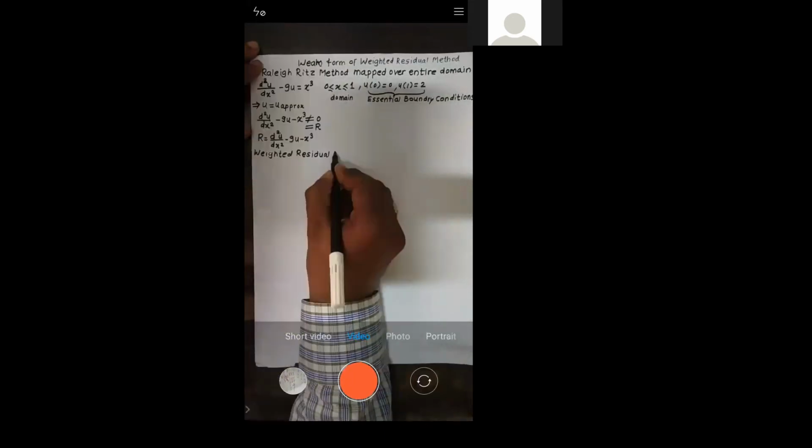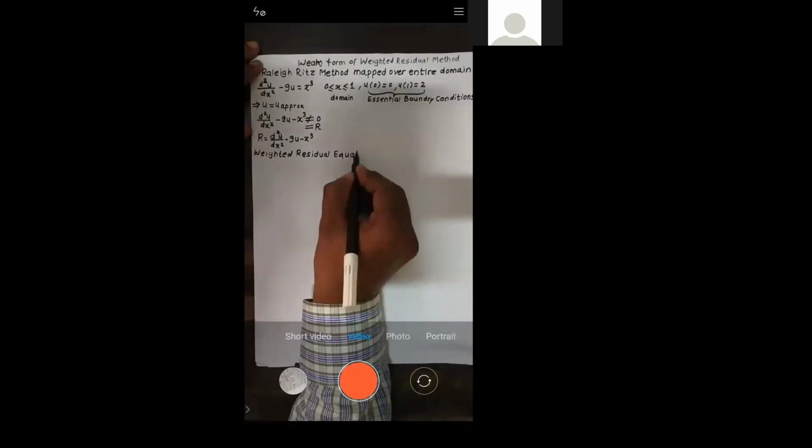Now all of you know what the weighted residual equation is. We have already practiced this equation in the last problems or methods.